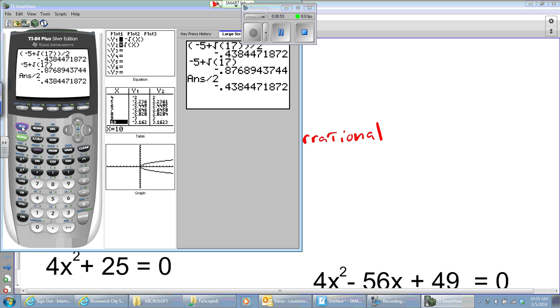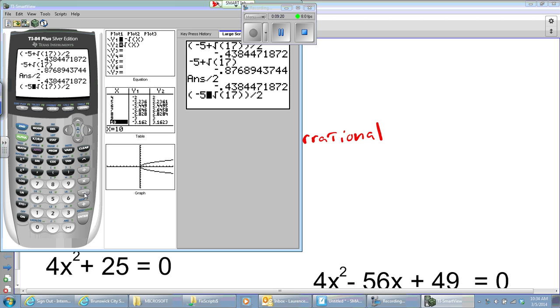Okay, now a cool thing is you don't have to do a lot of extra typing with these calculators. If you hit second enter, or on some calculators just the up arrow, it'll bring up old problems that you typed in. This problem here is this one, right? So what I'm going to do is arrow over, and change that plus to a minus because remember I had negative 5 minus the square root of 17.